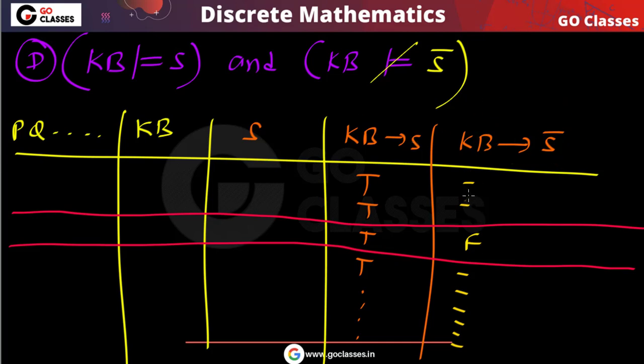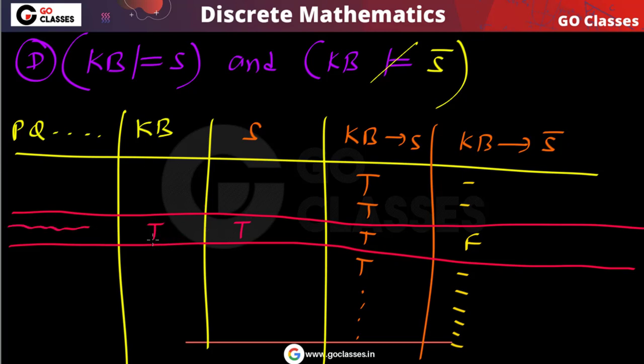Not a tautology means for some row in the truth table we have false. So let's see whether it is possible or not. Yes, of course we can make it possible. Because this should be false, S must be true and knowledge base must be true for this particular row.